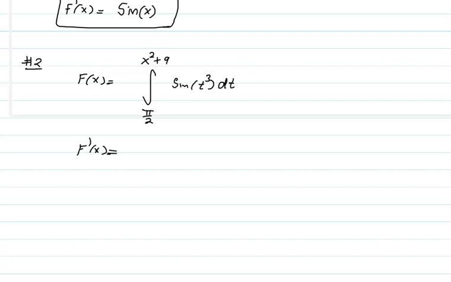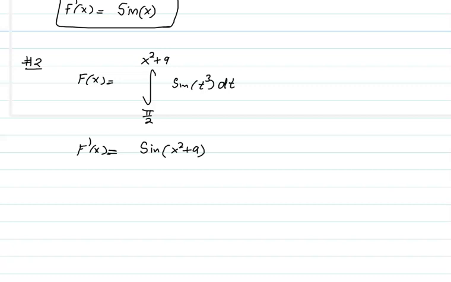And what we do, we just replace the variable t. Earlier we were replacing t with x, because the upper bound was x. But for this problem, we are going to replace t with the whole upper bound, which was a function of x, x square plus 9.